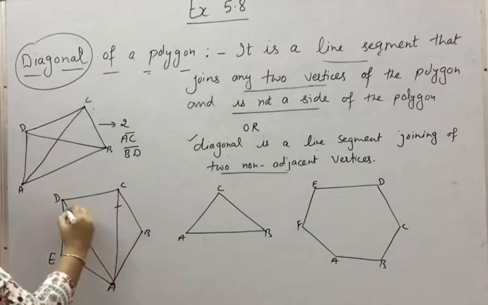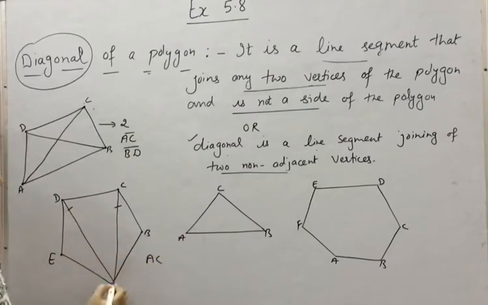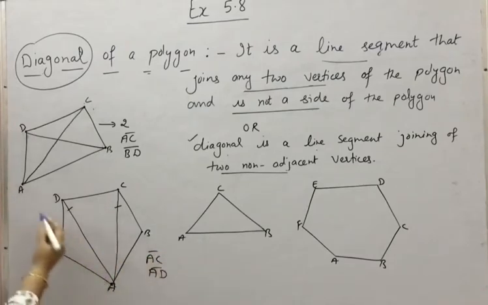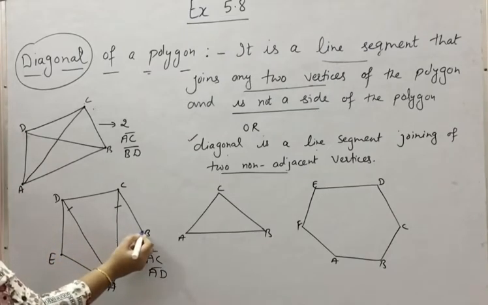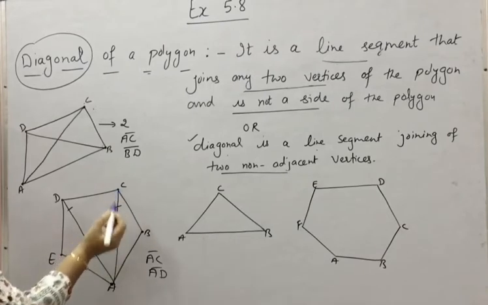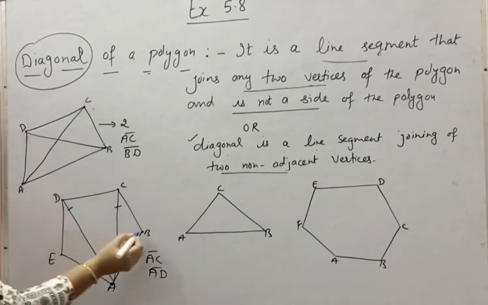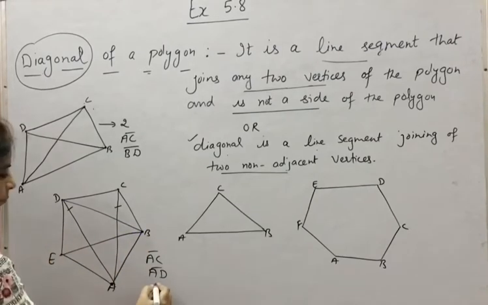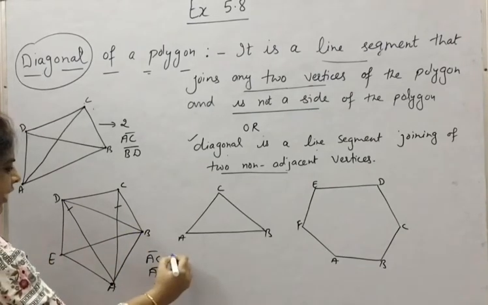It means AC and AD are the diagonals from A. Now come to B, this side and this side. A and C are adjacent, so the non-adjacent are D and E. Join B to D and B to E, so BD and BE.